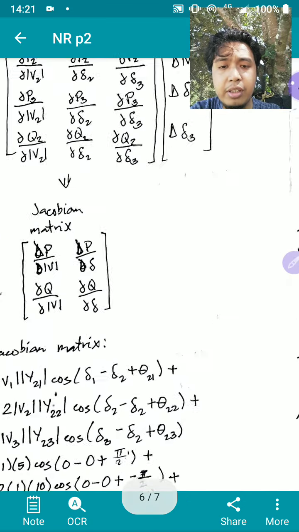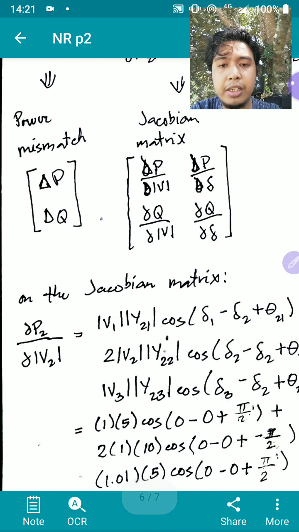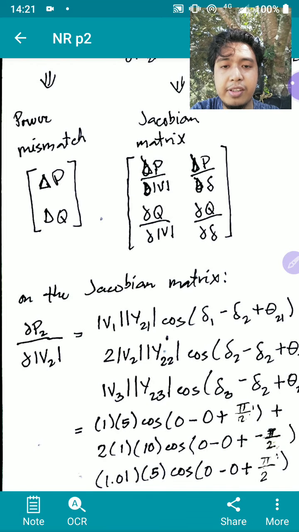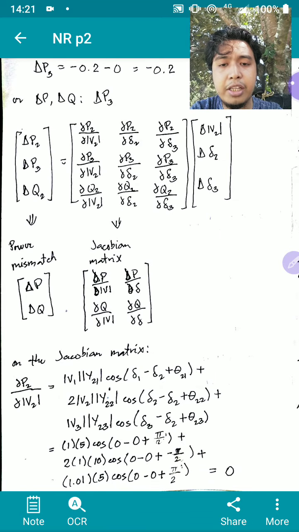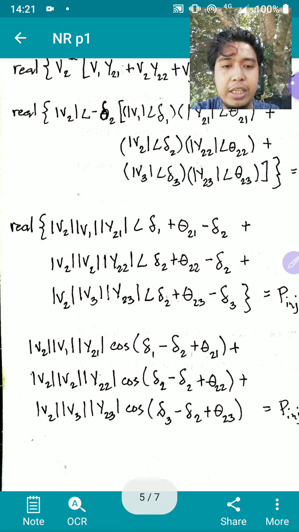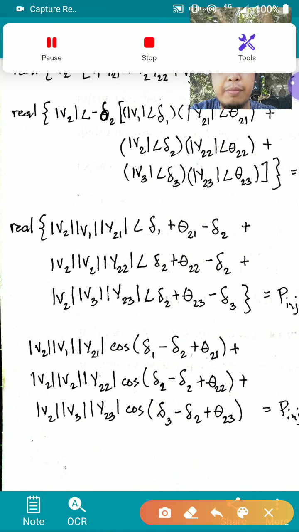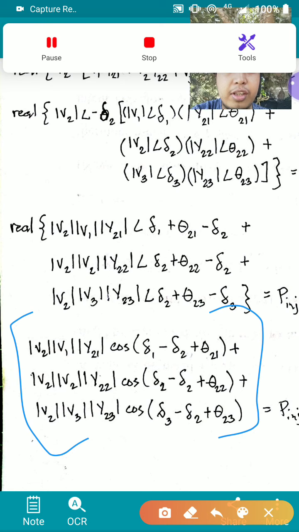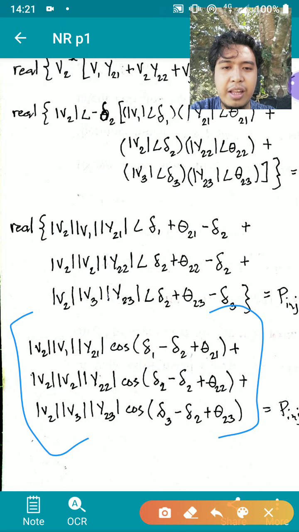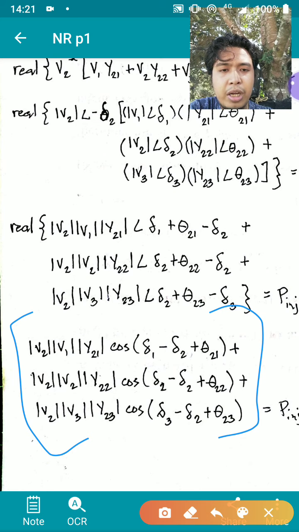This is basically the equation of P, and this equation here is the equation of Q, and then we get the partial derivatives. For example, you want the partial derivative of P2 with respect to magnitude V2. So it's basically the partial derivative of this with respect to V2. I am assuming that you know how to perform derivatives.